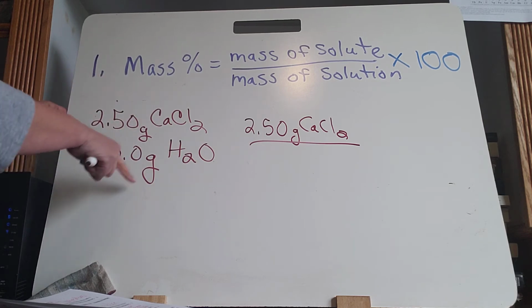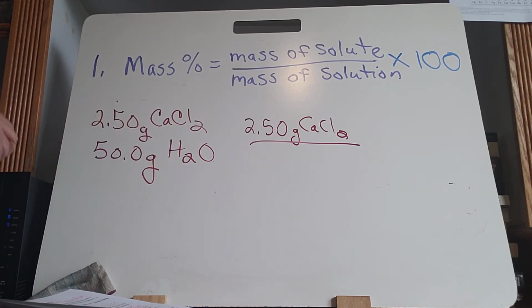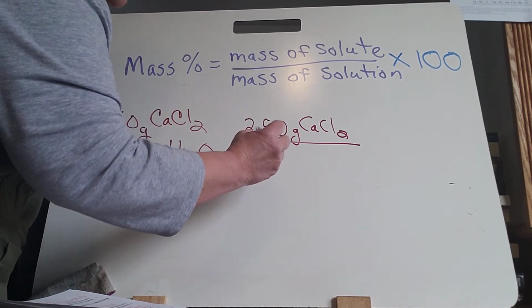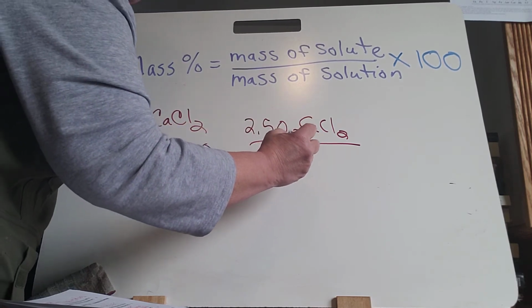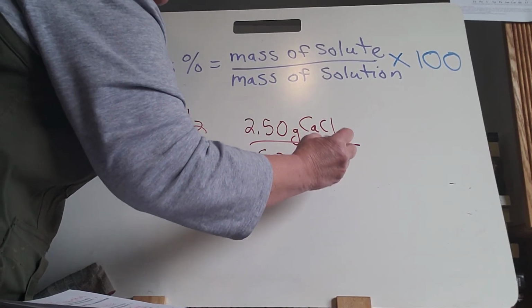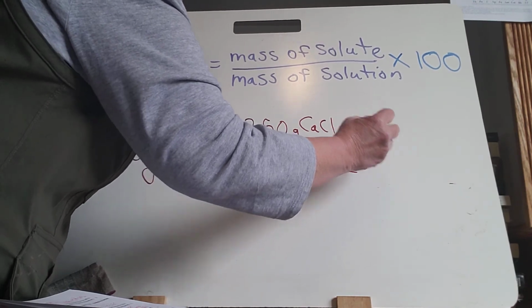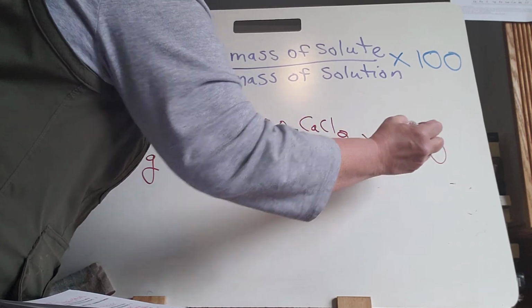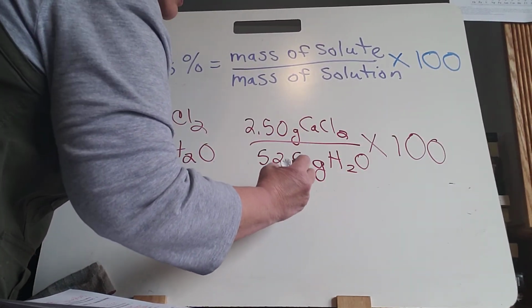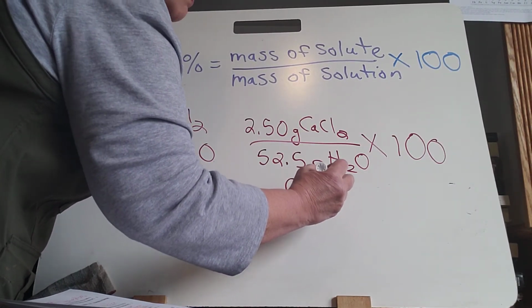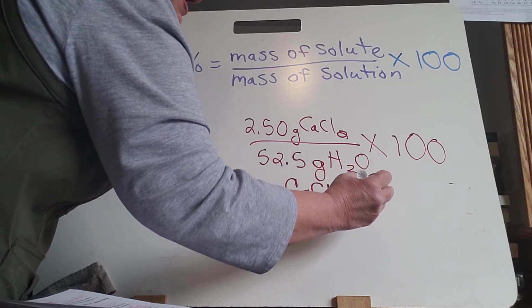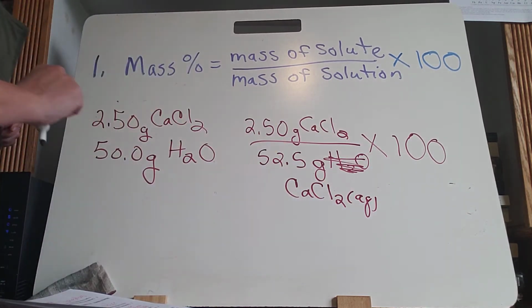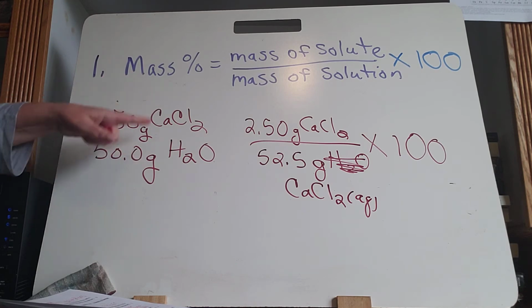The combination is your solution. So I'm going to have to add these two numbers up to get the solution, which would be 52.5 grams. We're going to multiply that by 100. Now, when I say water, I really should have said aqueous calcium chloride, right? Because I combined these two together.